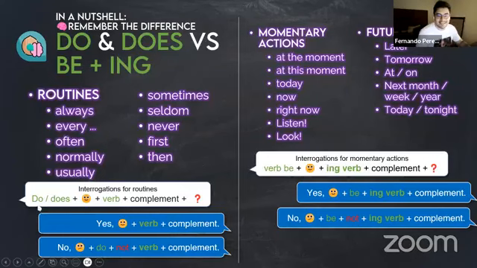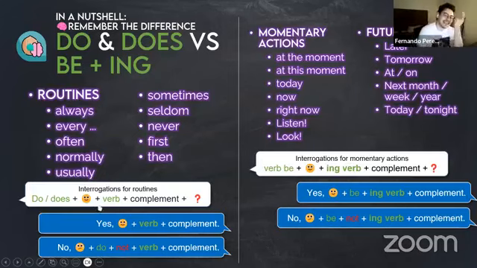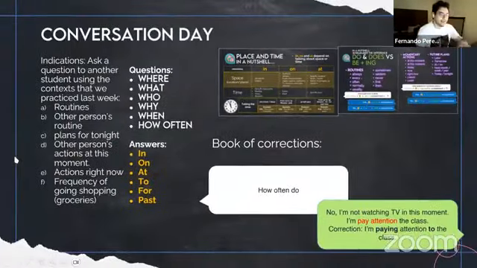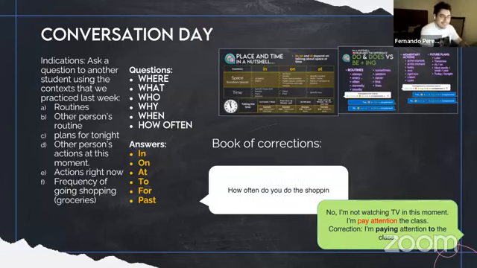This is the auxiliary. Yes, similar confusion. After do, we need a person. How often do you do the shopping? Exactly, perfect. That is a correct question.